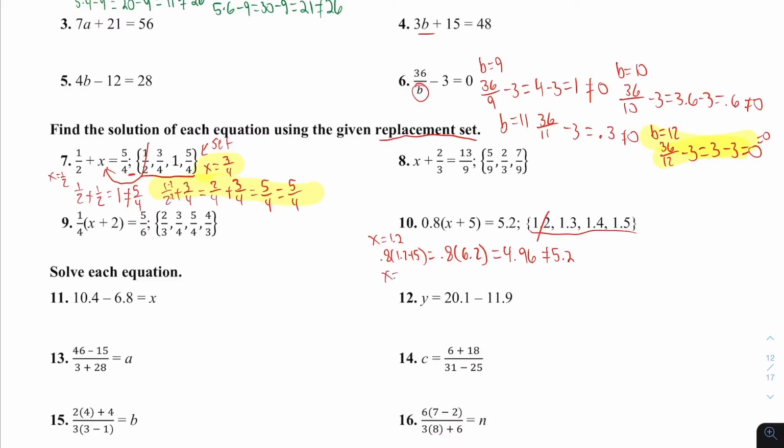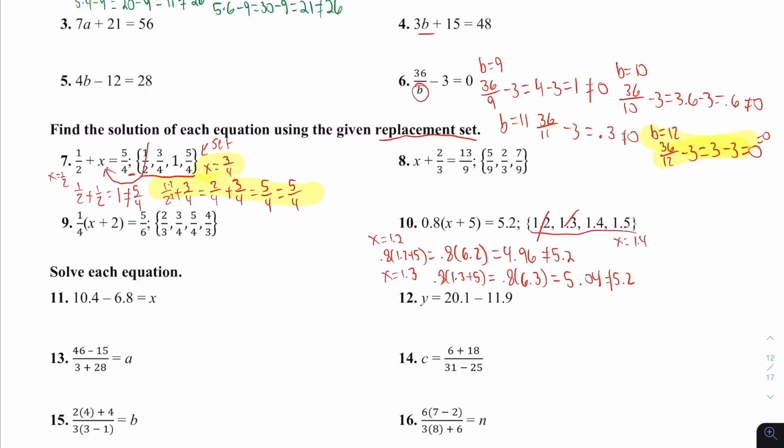1.3. X equals 1.3. 0.8 times 1.3 plus 5 equals 0.8 times 6.3 equals 5.04. I really need you to show all of your work whenever you do this. That's not the right answer, because it's not equal to 5.2.